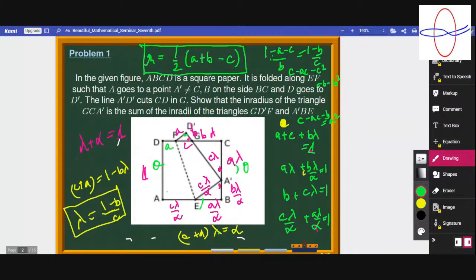We actually get lots of equations of lambdas. Maybe that can be an issue, but we need lots of equations of lambdas, okay? So let's try to find out. Actually, I'm doing it in my copy, okay?